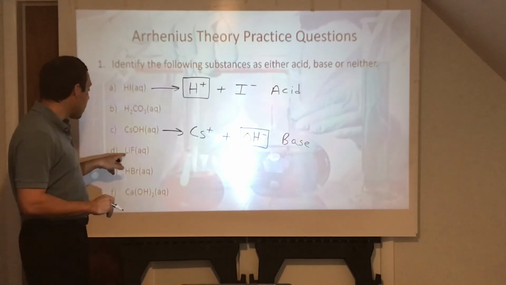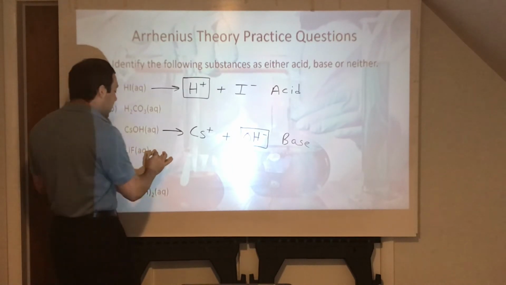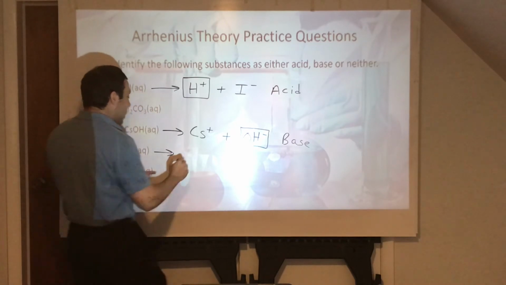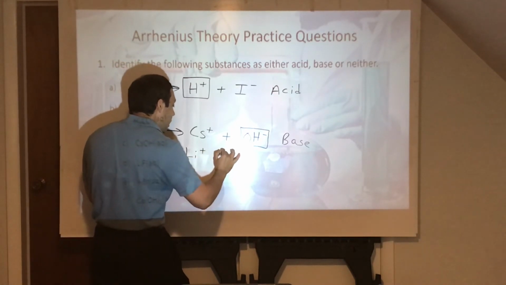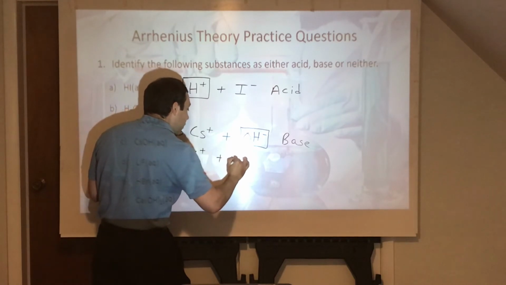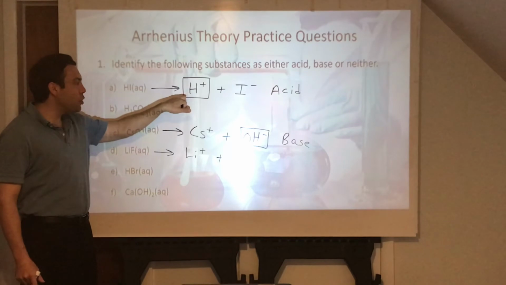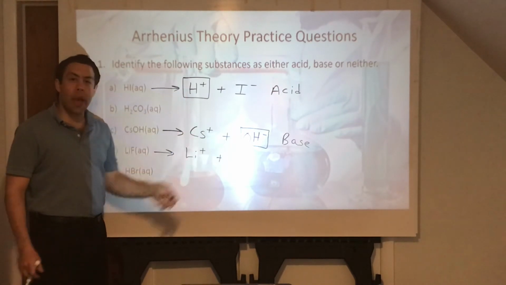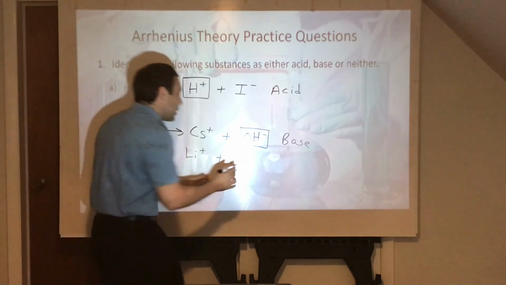Finally, lithium fluoride, aqueous, when that dissolves in water, it dissociates into Li plus and F minus. Since I neither get an H plus or an OH minus ion, it is neither an acid or a base.